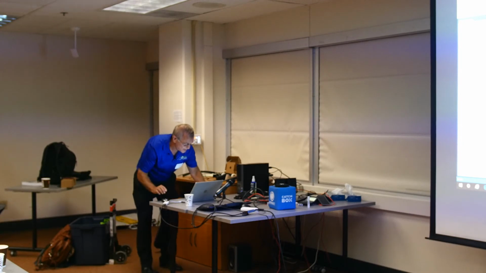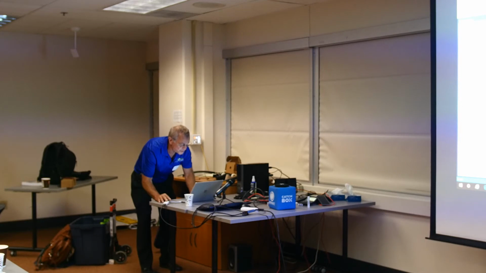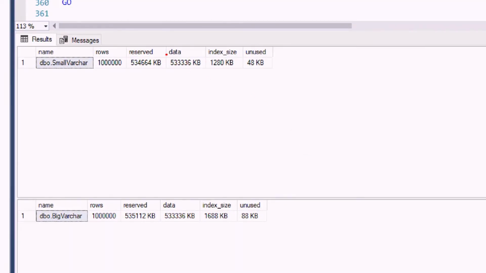Okay, it finished. So now I'm going to take a look at the space used of these two tables. What's interesting here is that the reserved is almost the same. So the leaf level of the table, the main data itself, is very similar. But what's different is the index size.